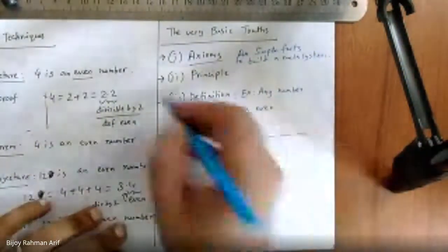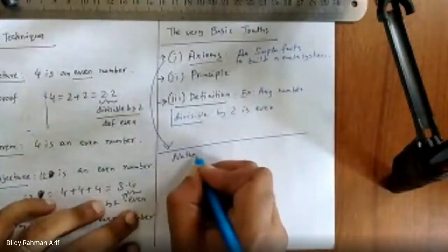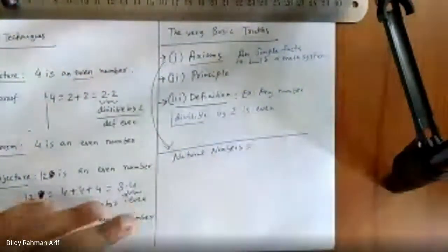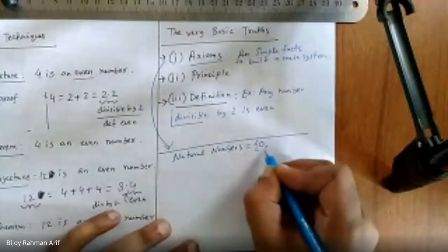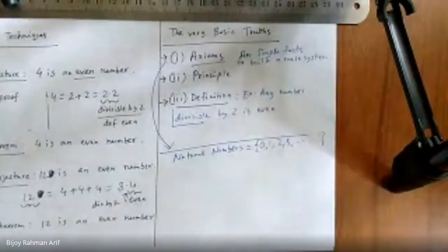For example, do you know natural numbers? What are natural numbers? Sir, 1, 2, 3 to n. It is starting from 0, 0, 1, 2, 3, up to infinity, right? Those integers are called natural numbers, starting from 0.